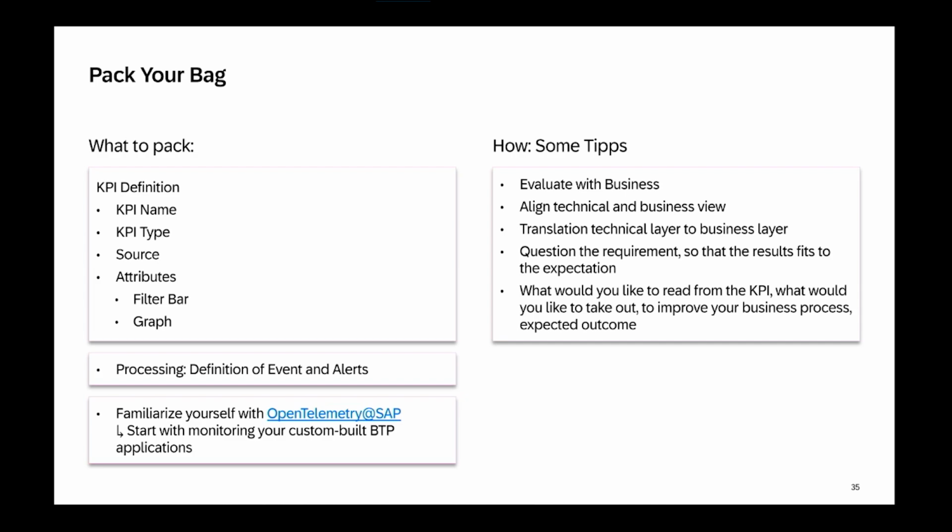So the idea would be that business and IT work closely together, that they discuss the KPIs together, and that they eventually also define the KPIs together. So what they should do is align both the technical and the business view in order to come up with a KPI that really helps the company.